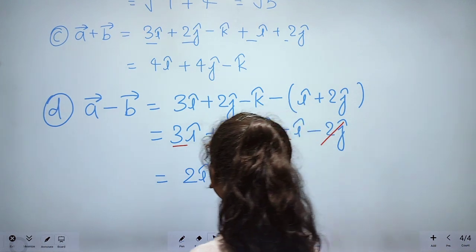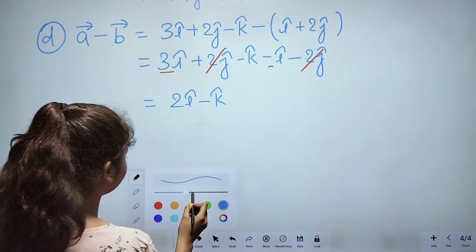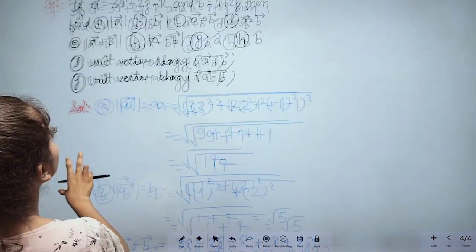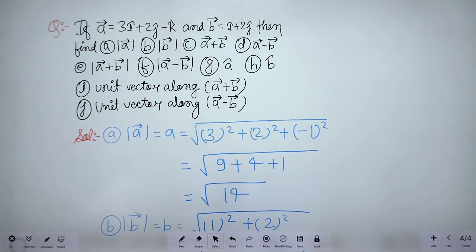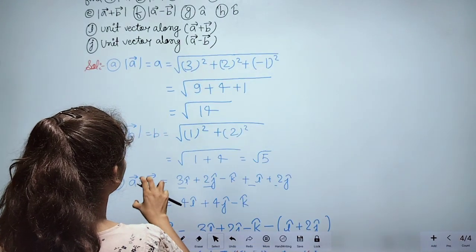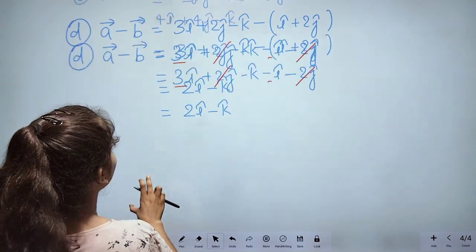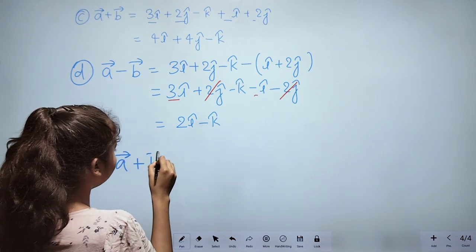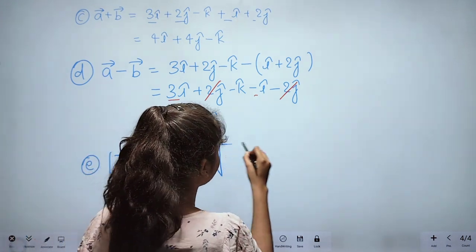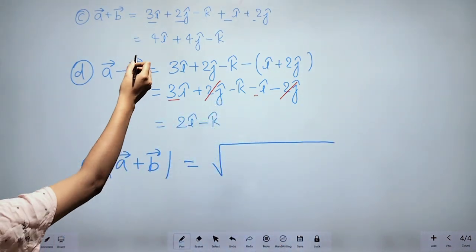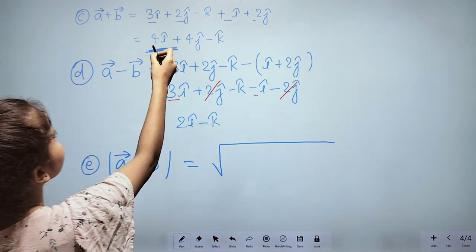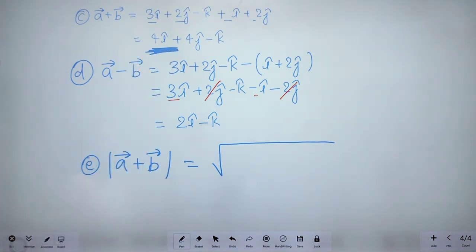And now we have to find, in E, the magnitude of A vector plus B vector. So how we find the magnitude? By root under coefficient of i squared. Now we take A plus B, because we have to find the magnitude of A vector plus B vector. The A vector plus B vector comes out that 4i cap plus 4j cap minus k cap.